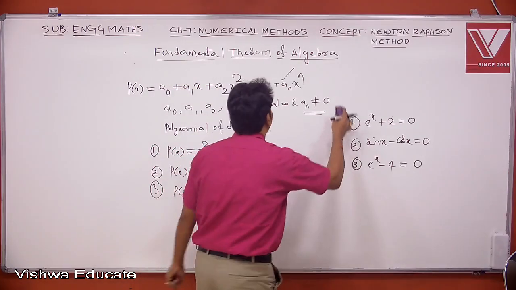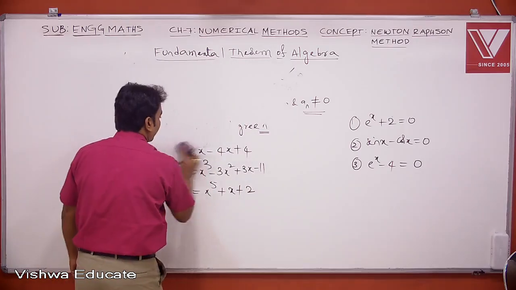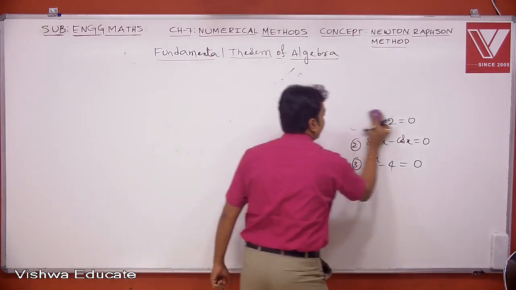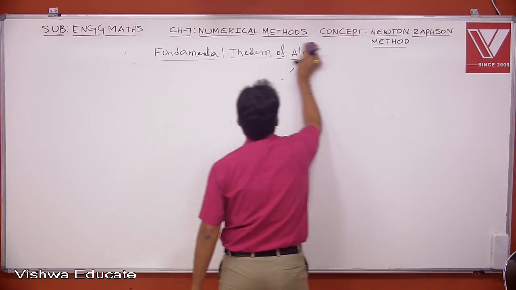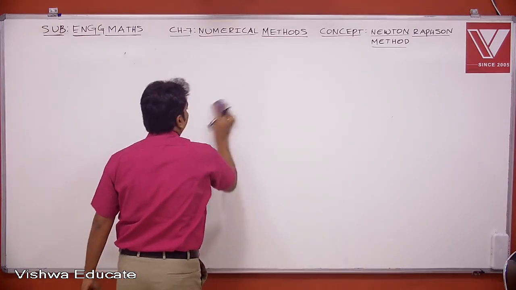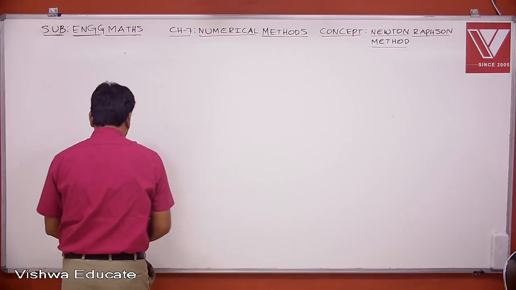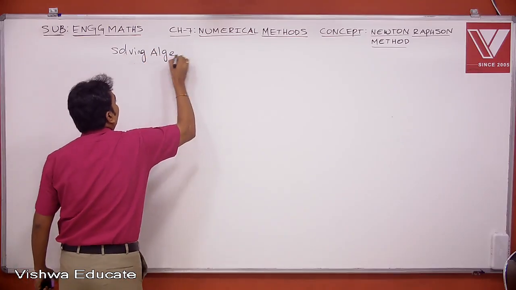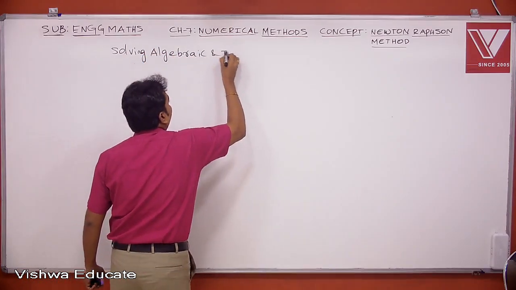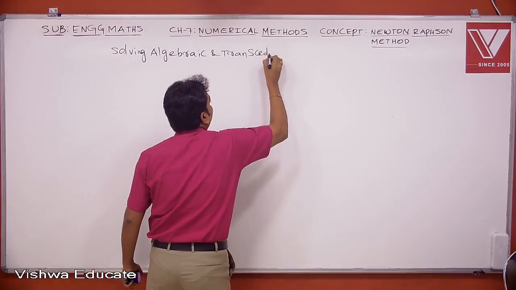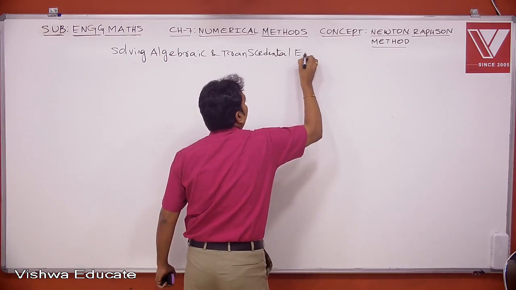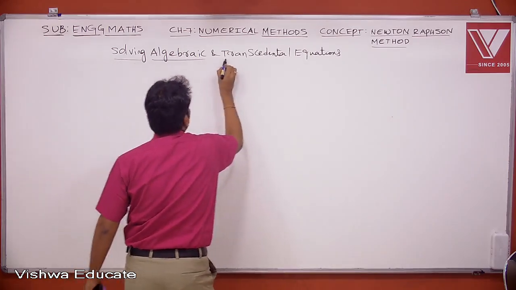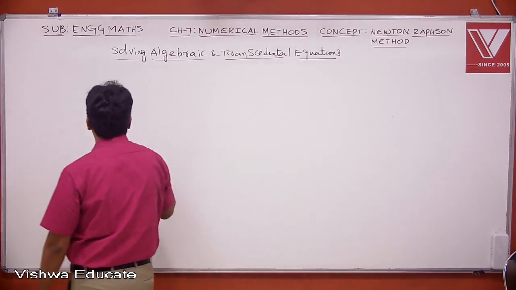So the next concept is solving algebraic and transcendental equations. We have basically 4 iterative methods.